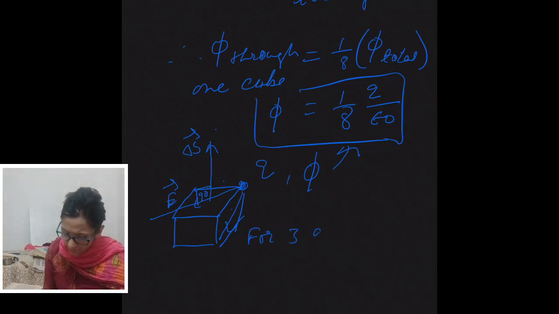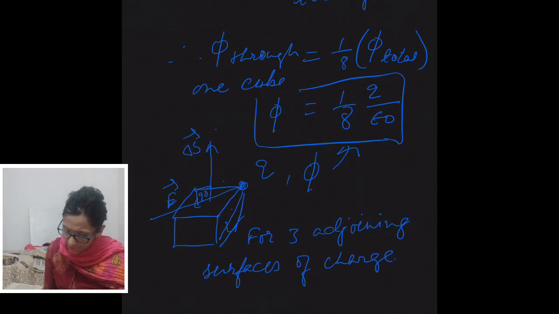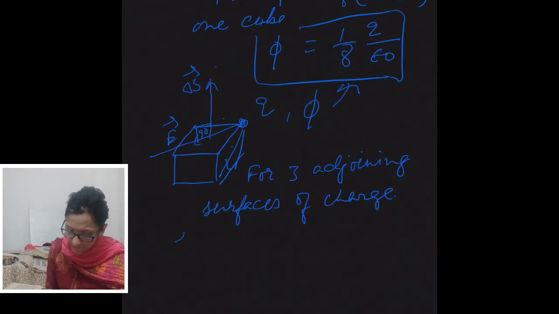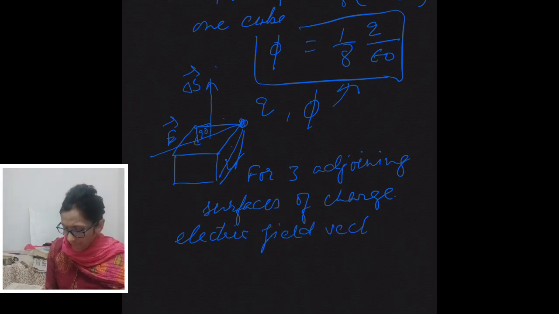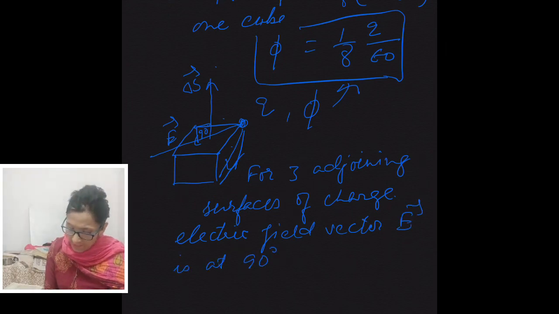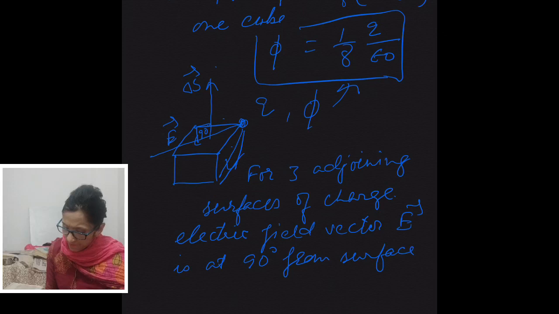Let me write, for 3 adjoining surfaces of the charge, the field vector E is at 90 degrees from the surface vector dS.